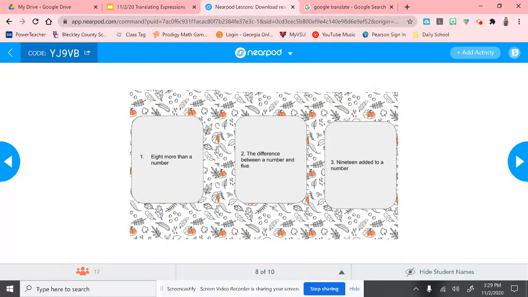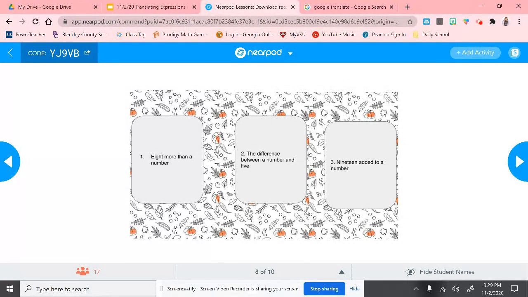Alright. So we have our flip words, right? You remember what your flip words are? More than, less than, added to, subtracted from. So what that means is you're going to swap it. An example of that is number 1 on your packet where it says 8 more than a number.